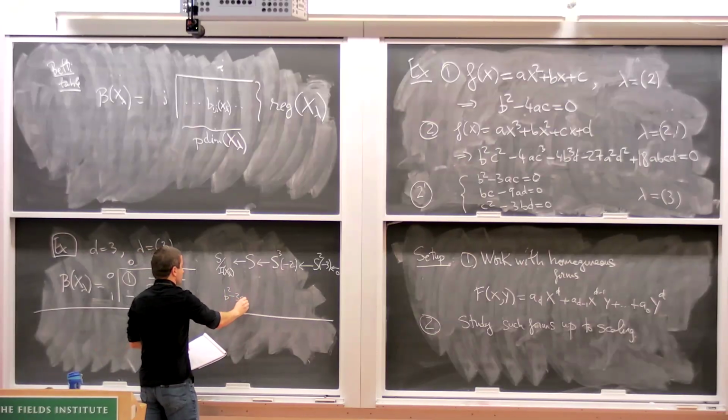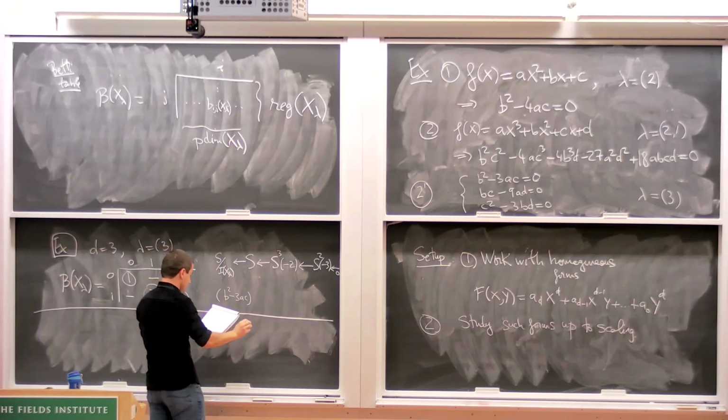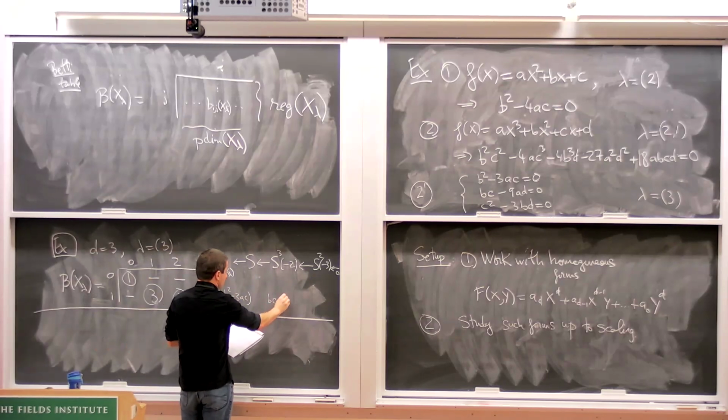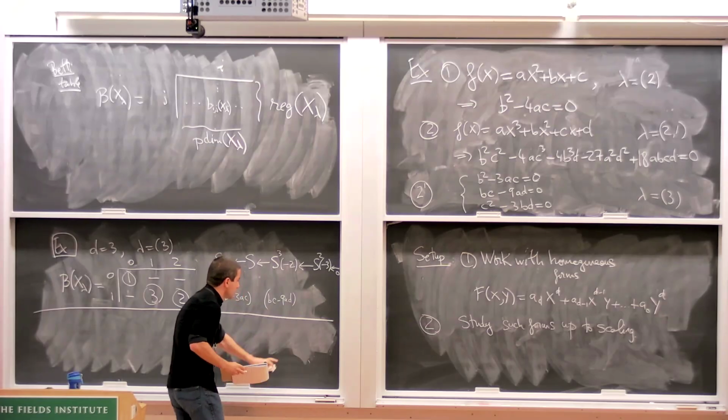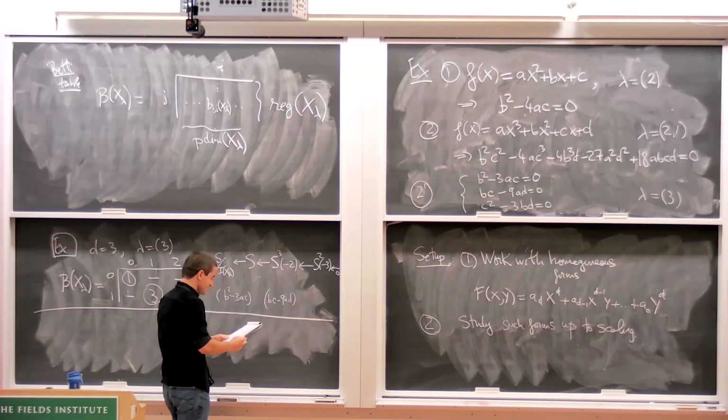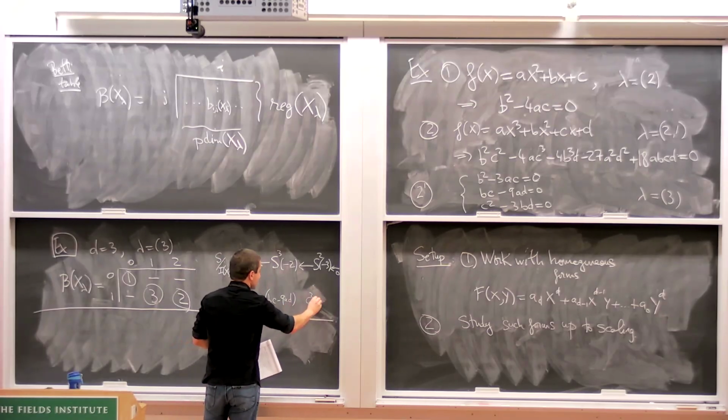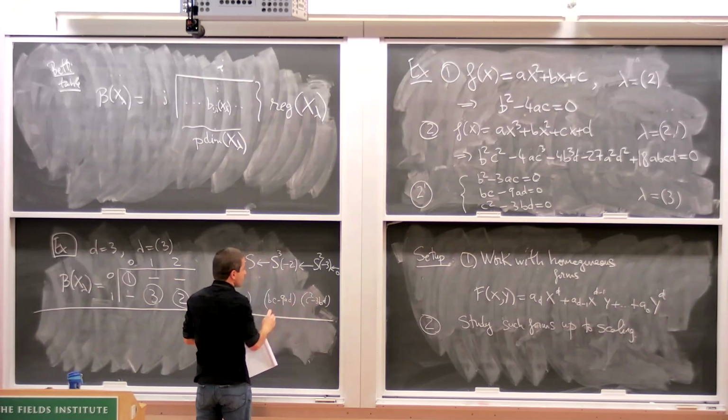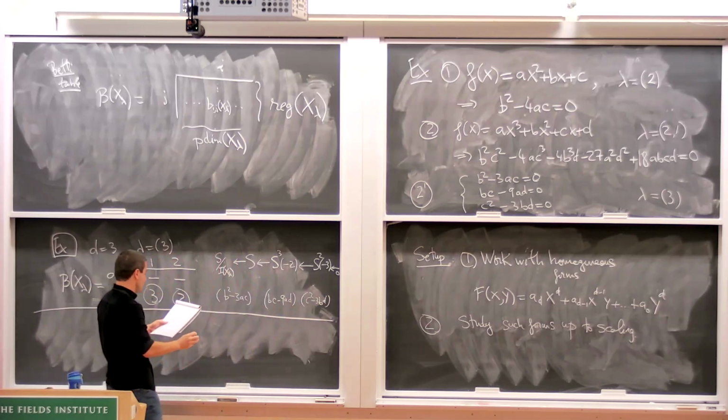The generators were b squared minus 3ac, and then bc minus 9ad. And audience participation, what was the third one? c squared minus 3bd.